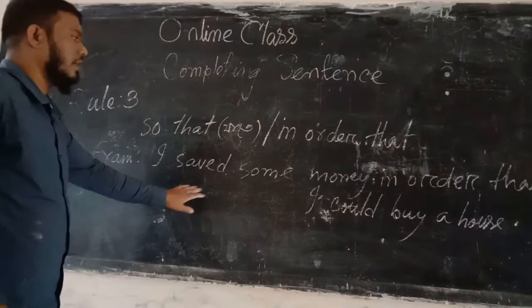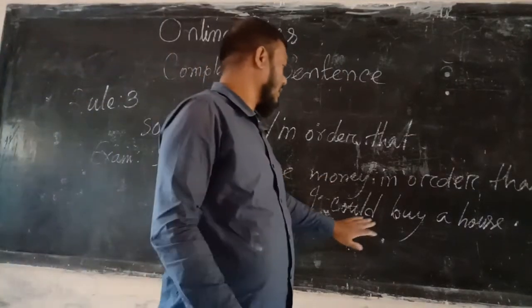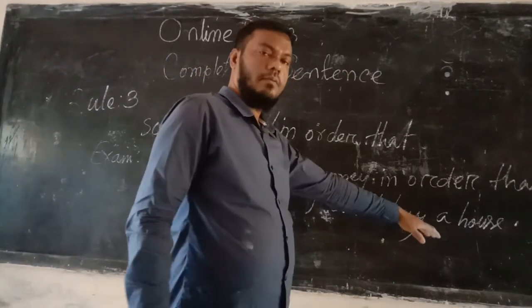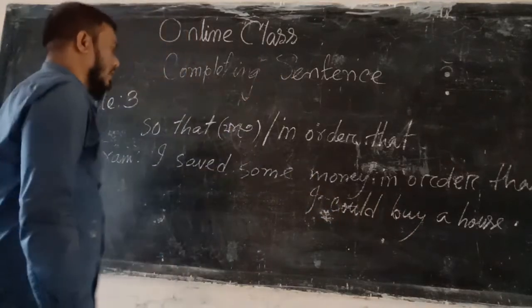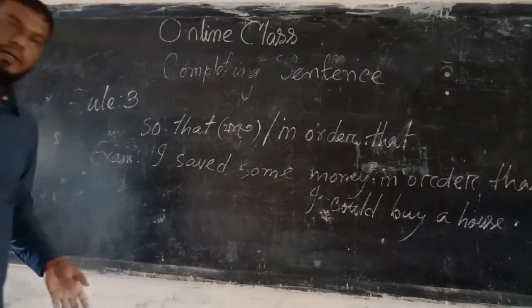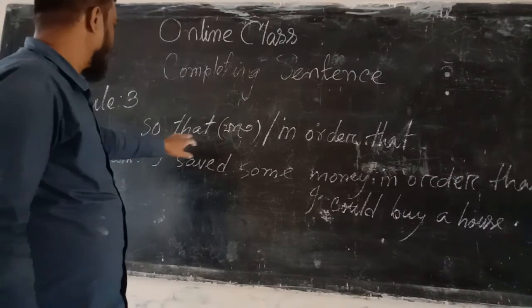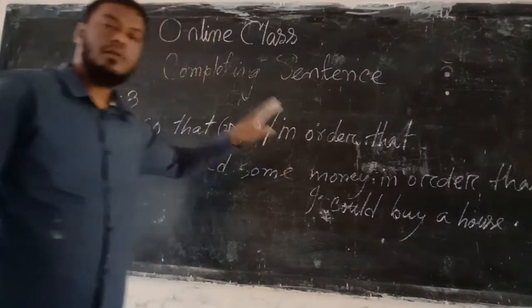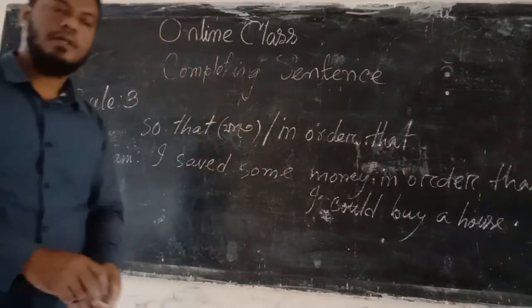In order that, the subject then can or could plus verb present form plus extension. I hope that you have understood. If we find so that or in order that in the sentences, the rules are the same.